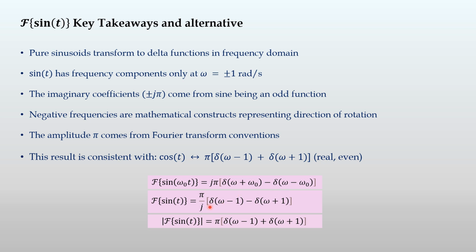An alternative convention utilizing a different normalization factor yields π over j multiplied by the quantity δ(ω minus 1) minus δ(ω plus 1). When only the magnitude spectrum is considered, the expression π times the sum of δ(ω minus 1) and δ(ω plus 1) is obtained. These variations arise from differing normalization conventions and representation preferences within the Fourier transform formalism.